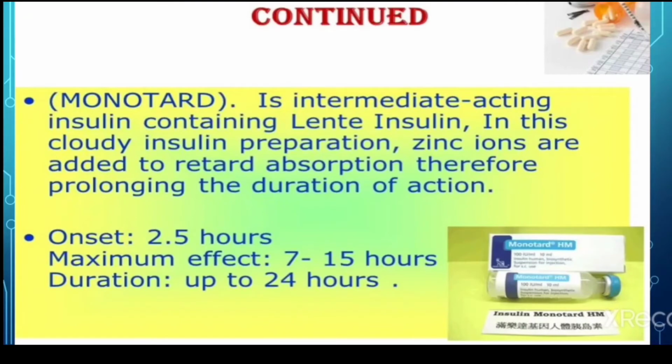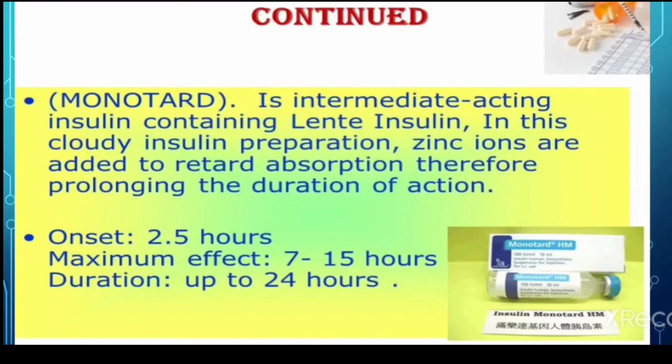The next one is Monotard. Monotard is an intermediate acting insulin containing lente insulin, also known as lente insulin. In this cloudy insulin preparation, zinc ions are added to retard absorption and therefore prolong the duration of action.